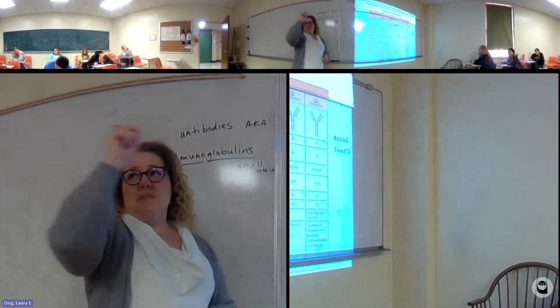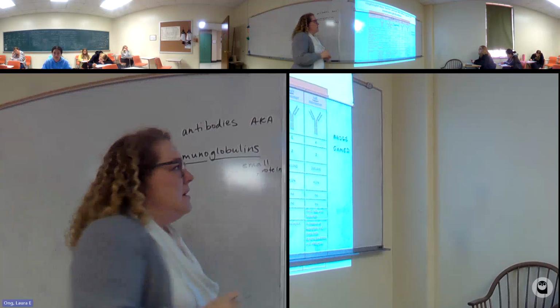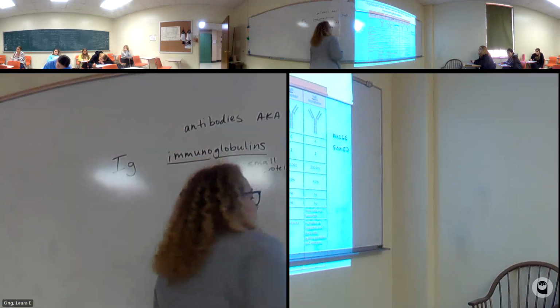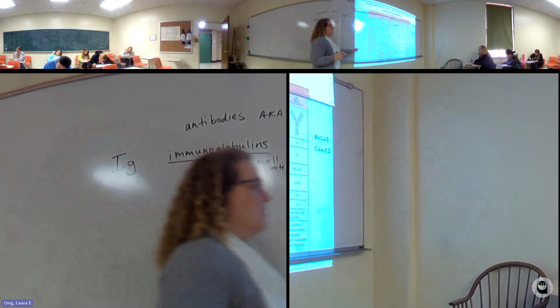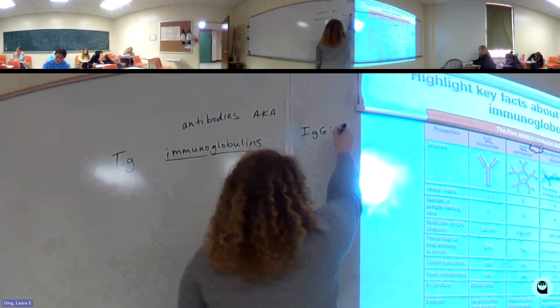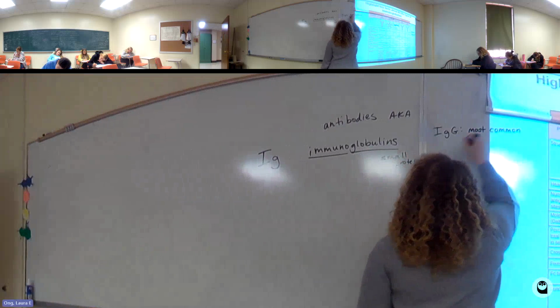But I'm going to talk about the 5 different kinds and what's special about them. So the first kind is IgG, and IgG has the usual Y shape, and it is the most common in our blood plasma.